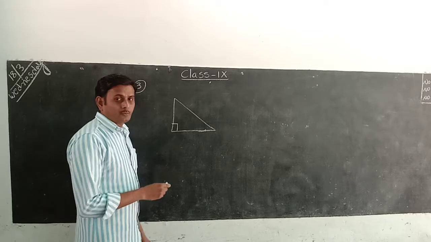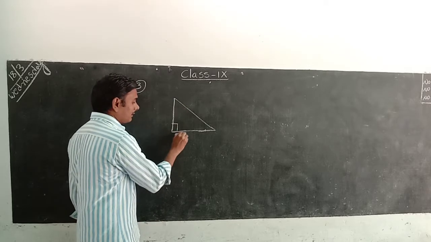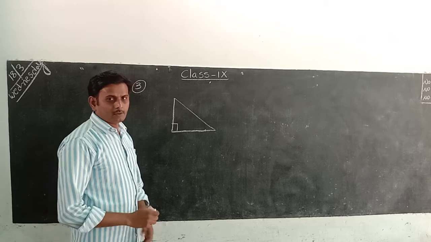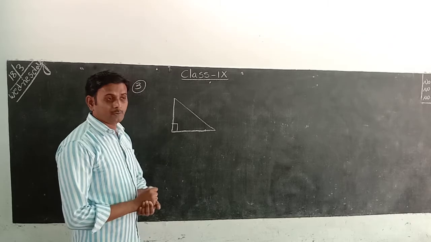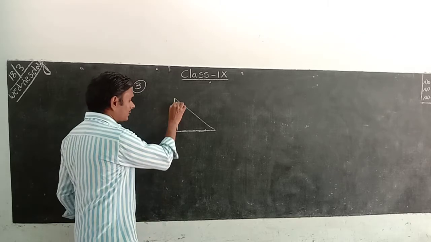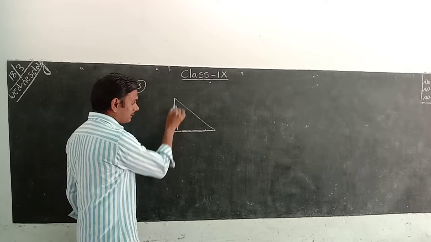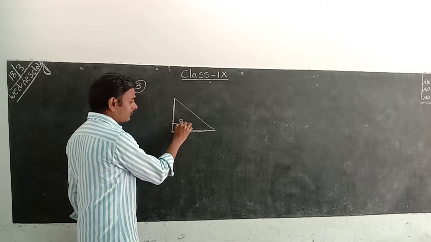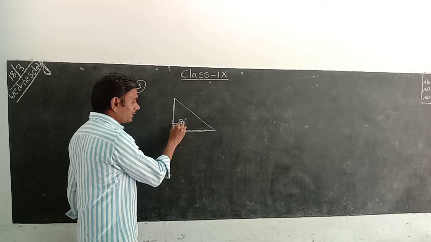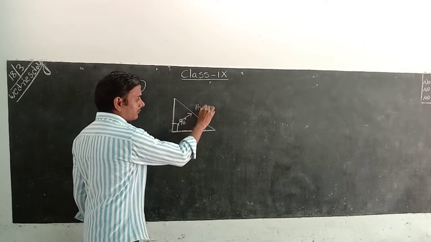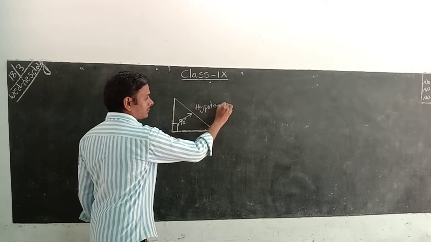Two sides should be perpendicular to each other, then 90 degrees will be formed. Here these two sides are perpendicular, so 90 degrees will be formed here. The side opposite the 90 degrees we call the hypotenuse.